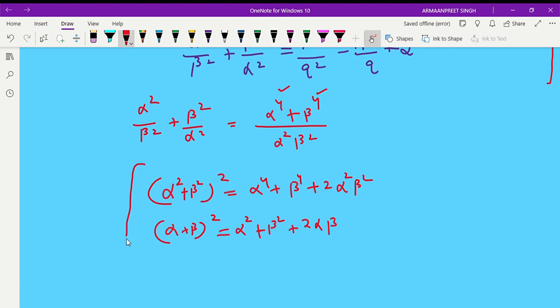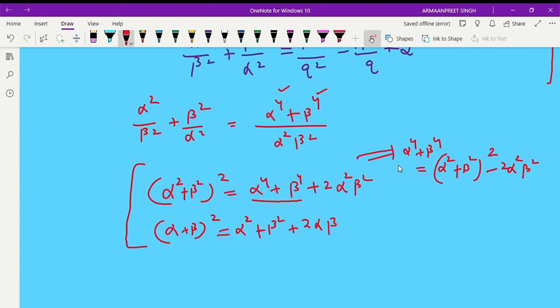These two expressions are very much relevant in this question. So first of all, find the value of alpha 4 plus beta 4, and this is equal to alpha square plus beta square whole square minus 2 times alpha square beta square.